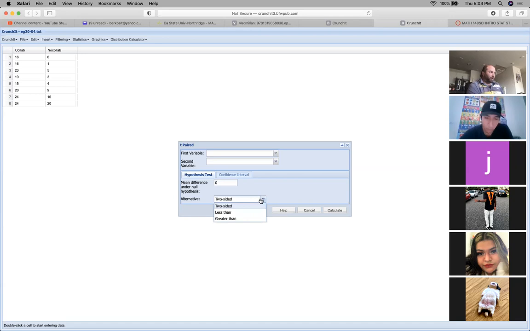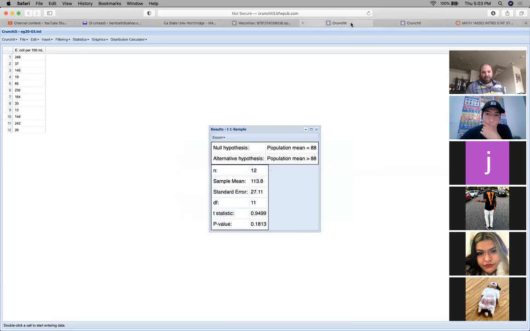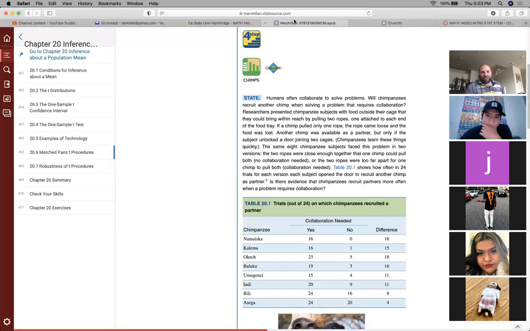Anyone? We're seeing if there's a difference, right? But I guess technically, we're seeing is there evidence that chimpanzees recruit partners more often when a problem requires collaboration?